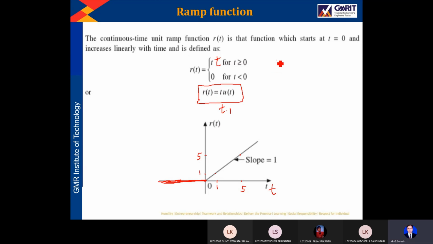Can you represent this one in discrete version? Can anybody do it? You can try. Yes, sir.